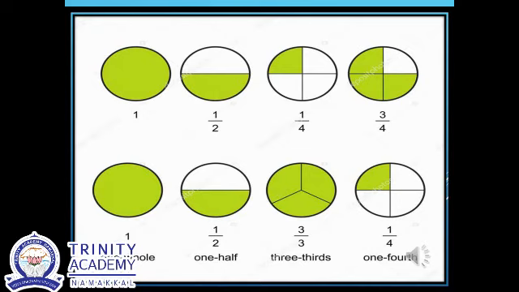Next, see, out of 4 one part is shaded, so 1 by 4. Next, 3 parts are shaded out of 4. So we can say 3 by 4 or 3/4. Next, a circle is divided into 3 equal parts. So we can represent 3 by 3 or 3/3.